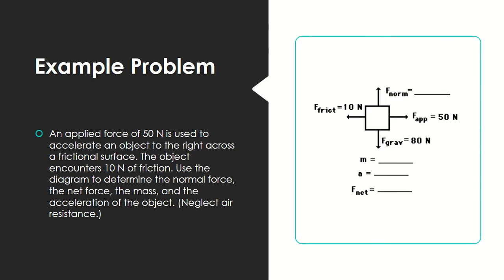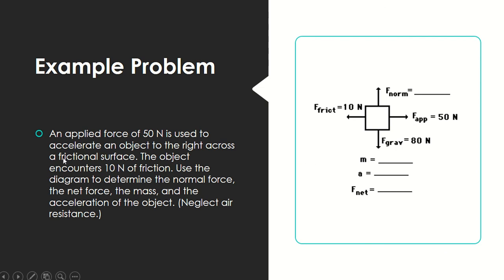This is the last problem that we're going to go through. Sometimes you can have forces in different directions acting. Now, a kind of force that I haven't really talked about is a normal force. So imagine an applied force of 50 newtons is used to accelerate an object to the right. So someone's pushing on it to the right at 50 newtons, and it's accelerating the object.